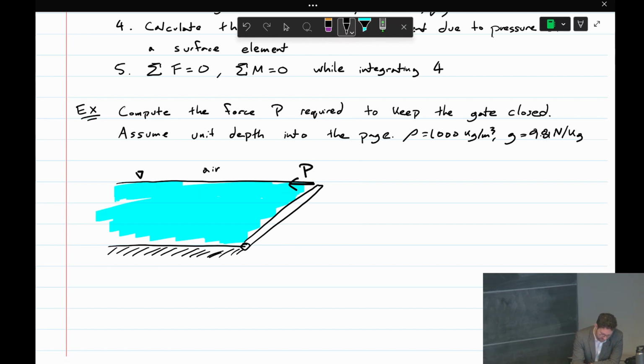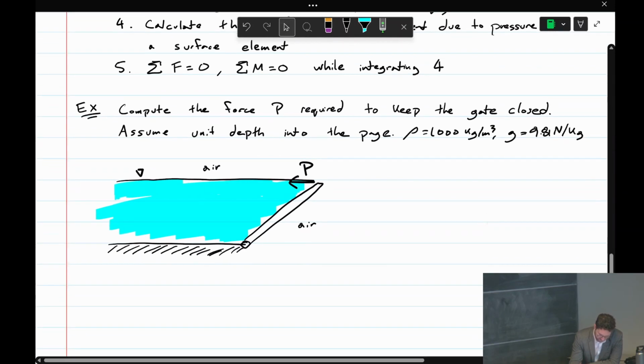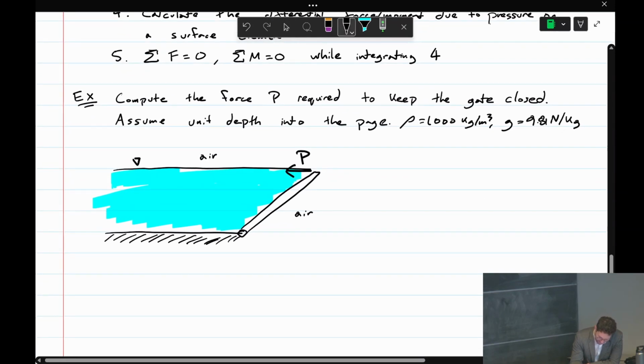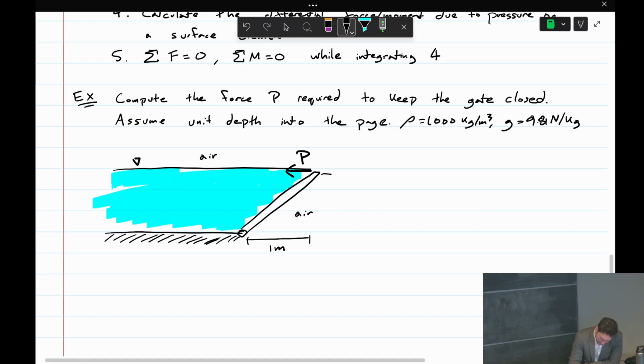We have air above and air below the gate. The geometry of this gate is 1 meter and 1 meter here. Any questions on the problem setup?